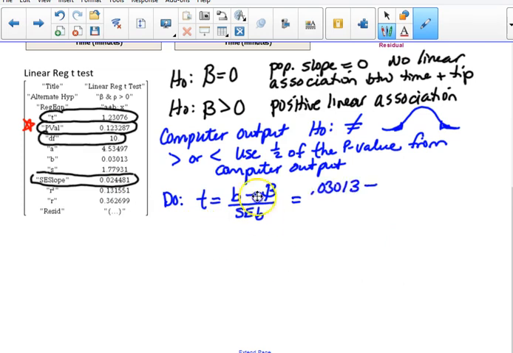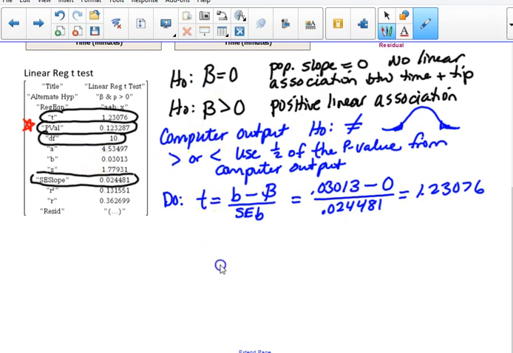Our population slope comes from the null hypothesis. This is what we are hypothesizing, that there is no association. So our population slope is 0 according to the null hypothesis. And then the standard error of the slope, which is found in both the computer output and on the calculator, is this number right here. And this should give us our t-statistic, which is 1.23076.